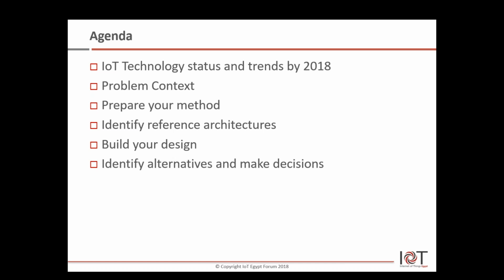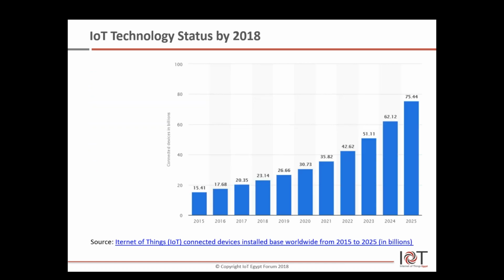So we will start with the trends. This is a diagram that shows the prediction for the number of internet connected devices till 2025.